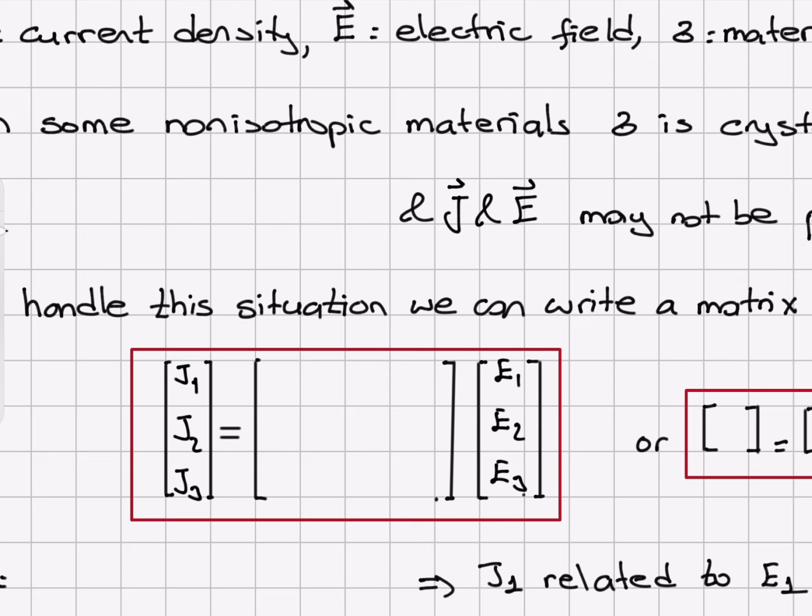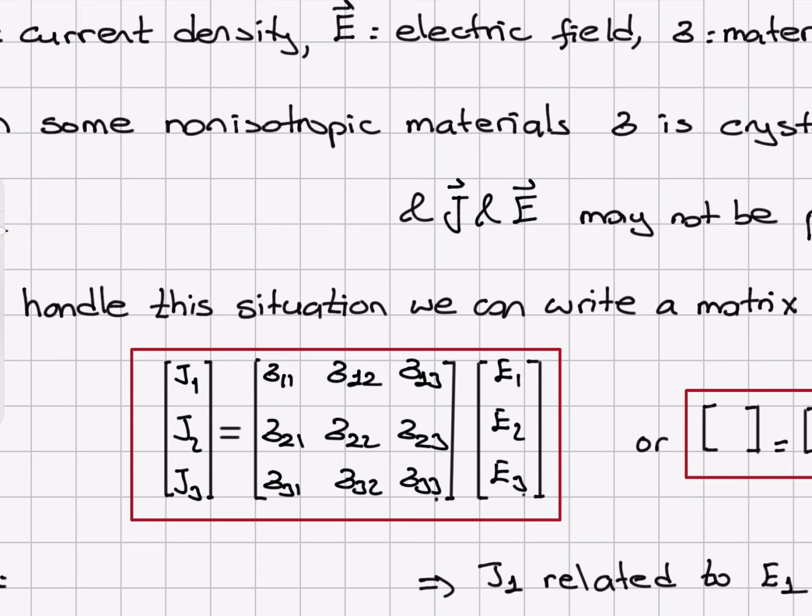The matrix elements are sigma 1 1, sigma 1 2, sigma 1 3, sigma 2 1, sigma 2 2, sigma 2 3, sigma 3 1, sigma 3 2, sigma 3 3.